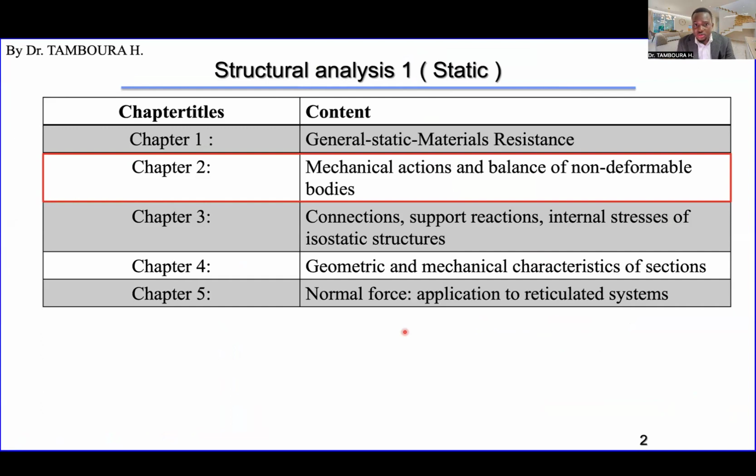So mechanical actions, that means forces, movement, or torque. So this part is very important for you because understanding this chapter is definitely necessary for you to be able to understand the rest of this program.